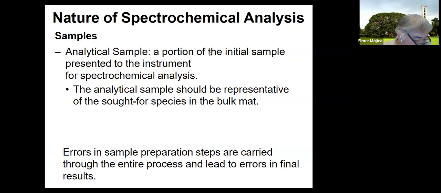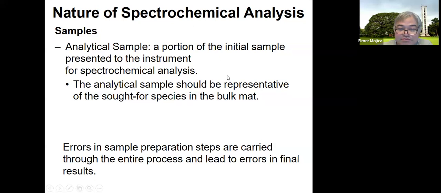So the sampling and the sample preparation steps are, we could say, the entire set of procedure done to acquire and to prepare the analytical sample from the bulk material. This is what? A critical step. Okay, and errors in sample preparation steps are carried through the entire and lead to errors in final results.